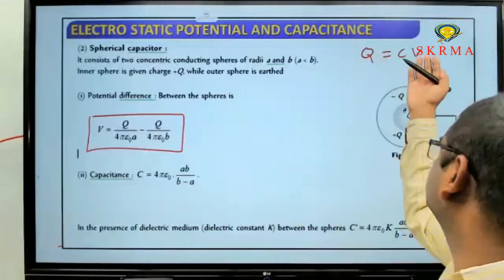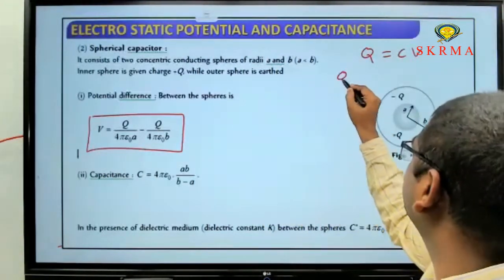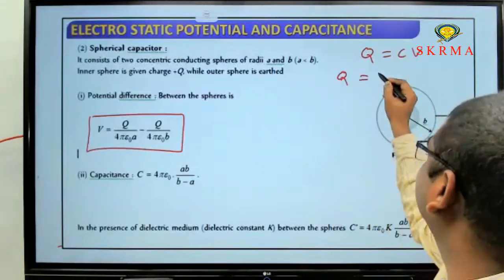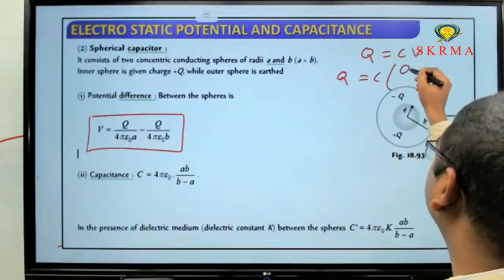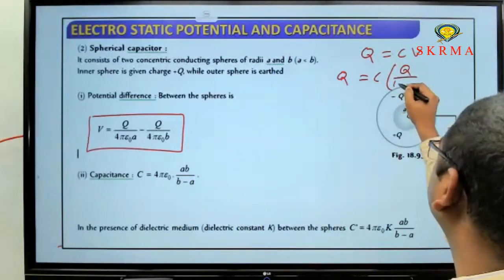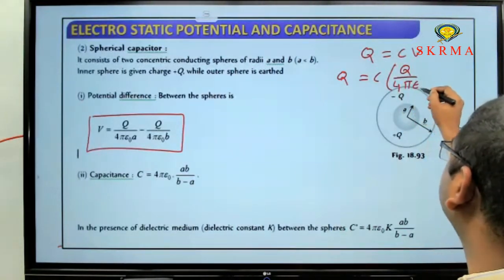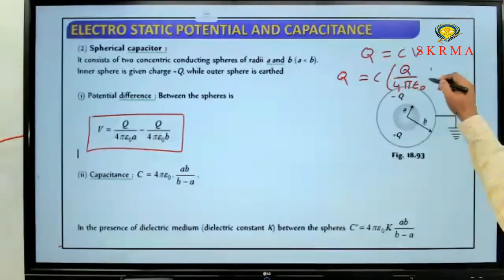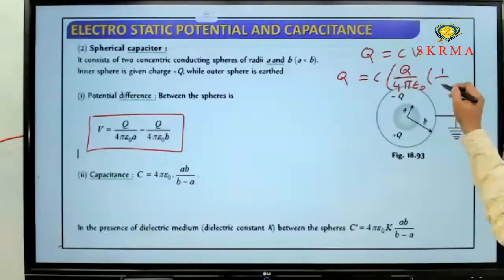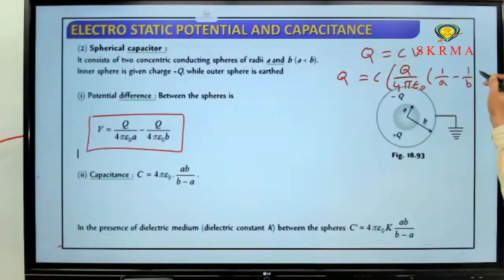Substitute that potential here. Then Q equal to C into V. Just take Q by 4 pi epsilon naught as common. Then you will get 1 by A minus 1 by B.